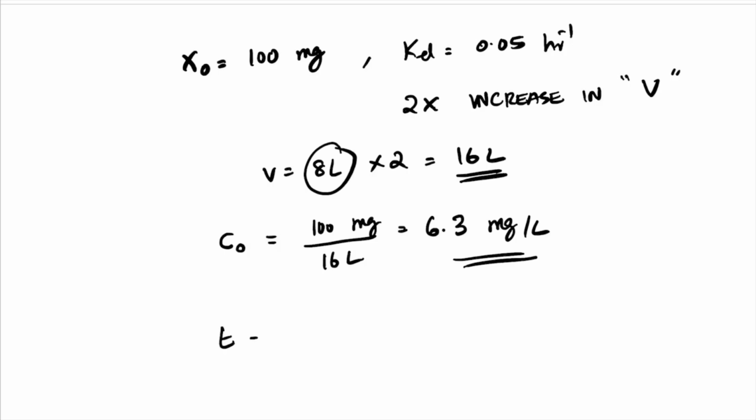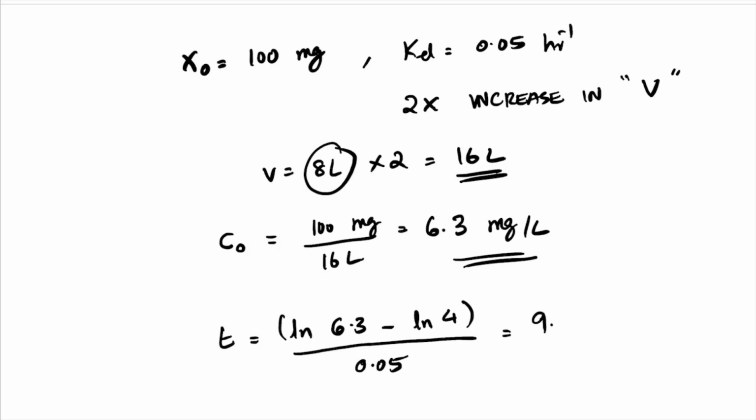Again, t is going to be equal to natural log of 6.3 minus natural log of 4, the minimum effective concentration still being 4, divided by 0.05. That's 9.1 hours.